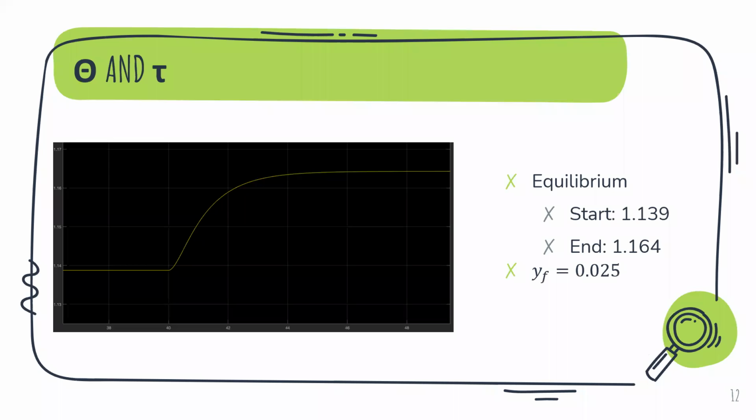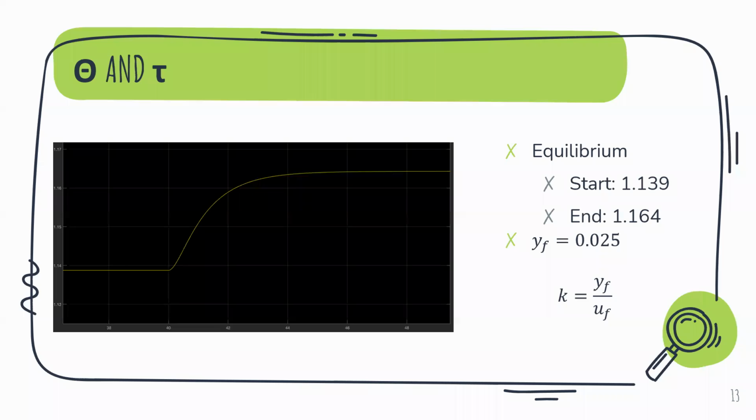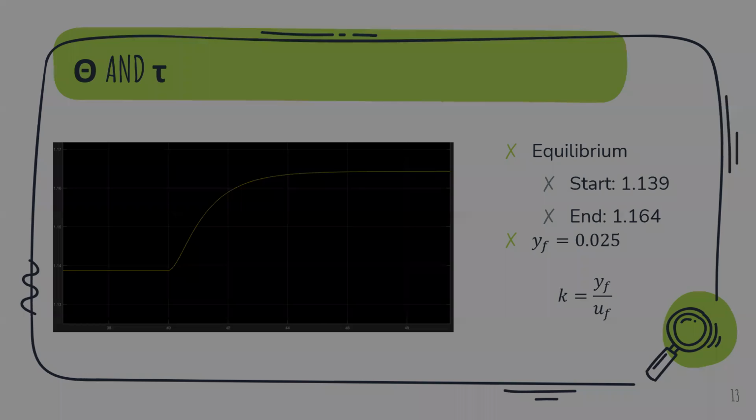So when we subtract those values, we get y of f, which is 0.025. Measuring the distance between the reference value and the step, the value for u of f will be 0.2. With this information, we can then calculate K by using the following equation right here. K equals y of f divided by u of f.